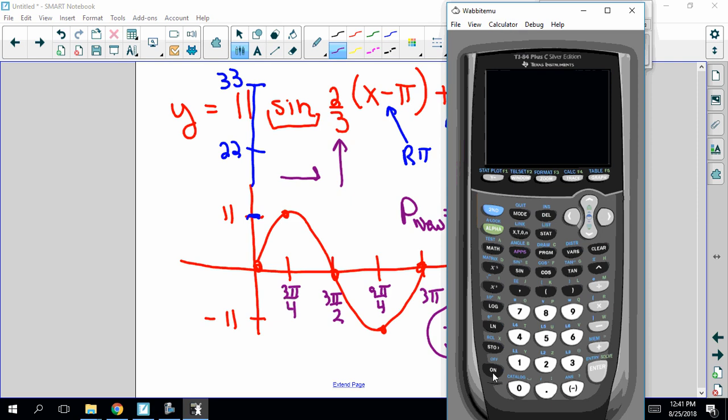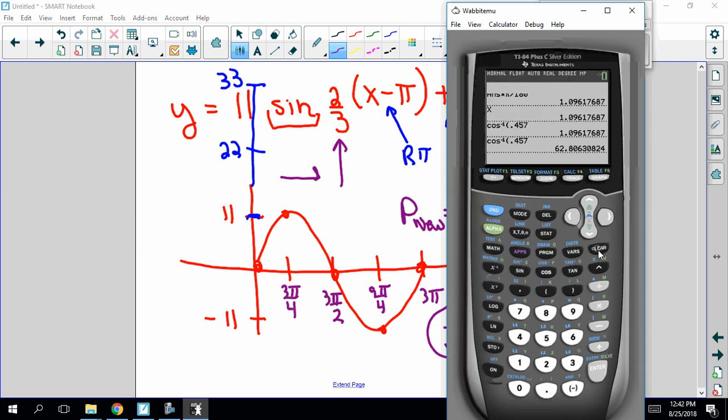Now, if you were to cheat and use it to kind of help you in MyMathLab, your calculator does it. So 11 sine, parenthesis, really a bracket, 2 divided by 3. Hold on, I want to get this right.